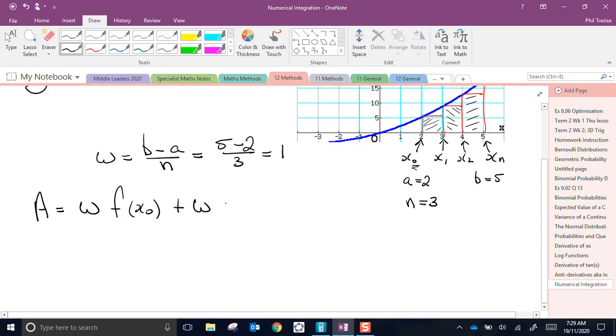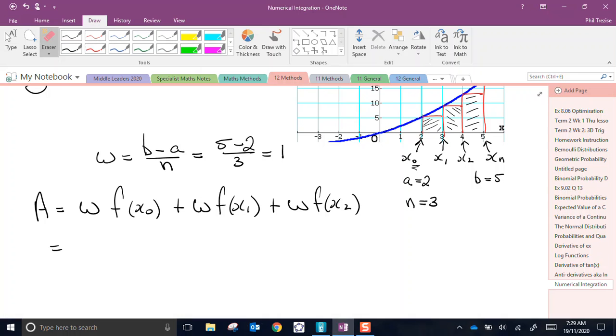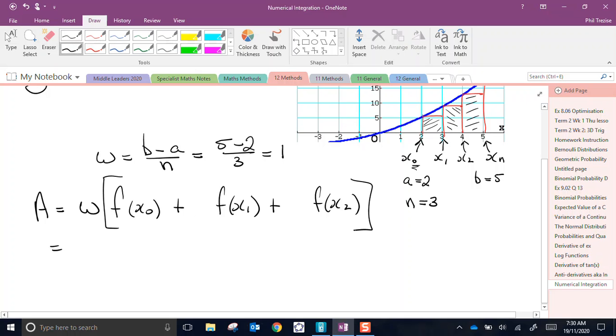I would have w times the function evaluated at x1, plus w times the function evaluated at x2. Now it might have been more straightforward if I factored the w to the front of this formula, because it was a common factor. And that's usually the way we would write this.